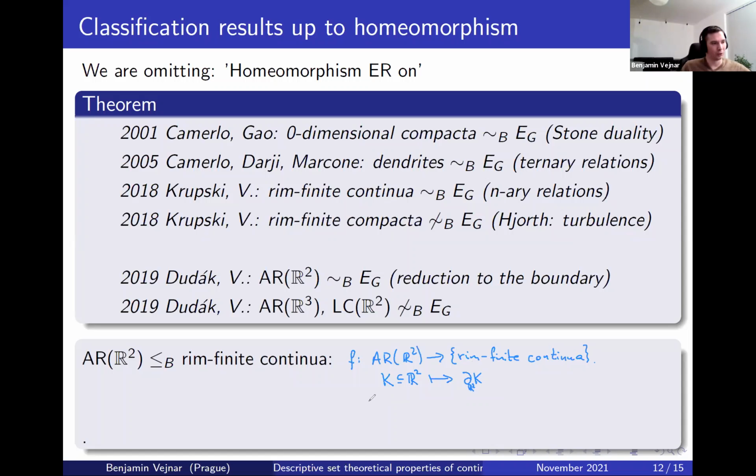Moreover, two continua K and L in the plane, which are absolute retracts, are homeomorphic if and only if their boundaries are homeomorphic.